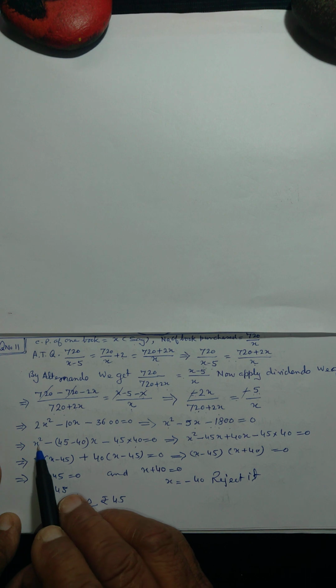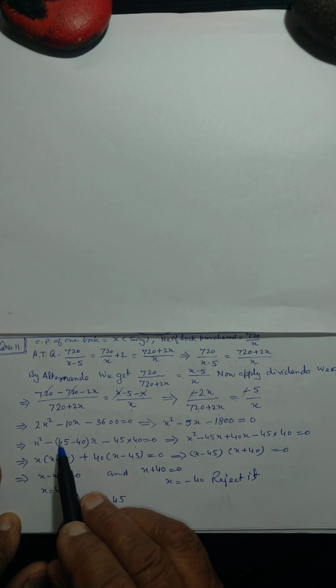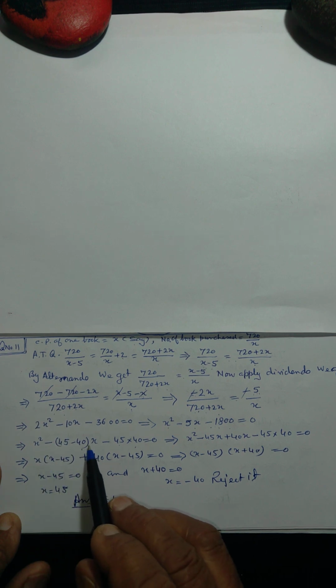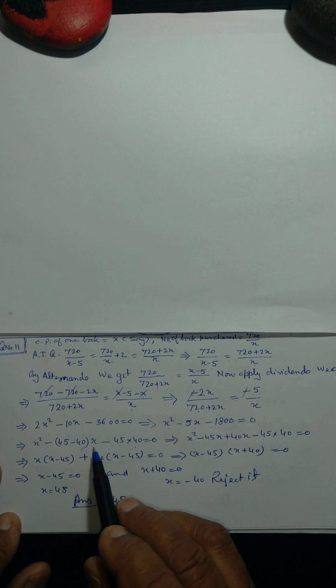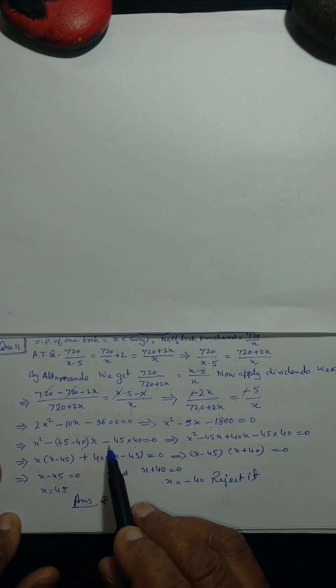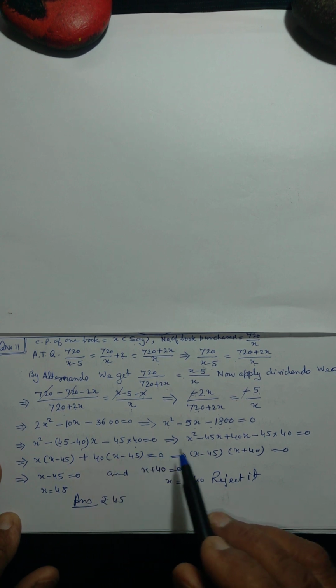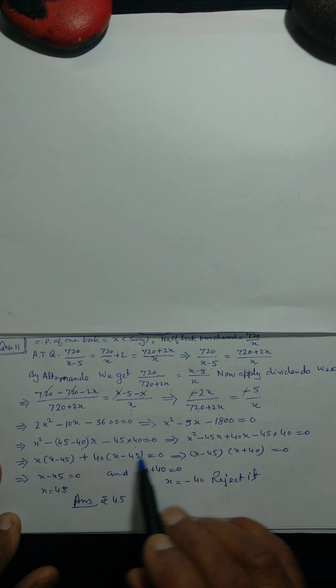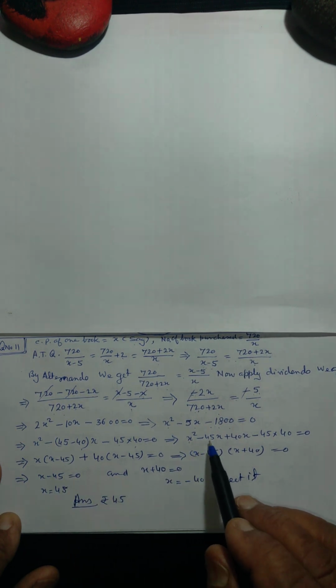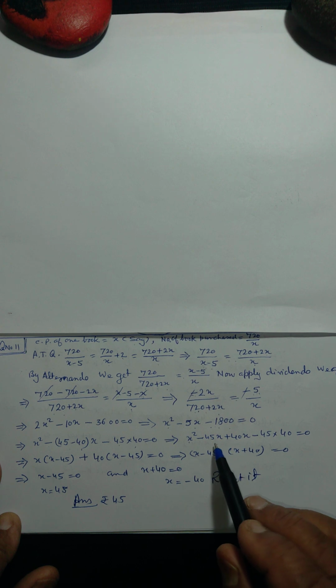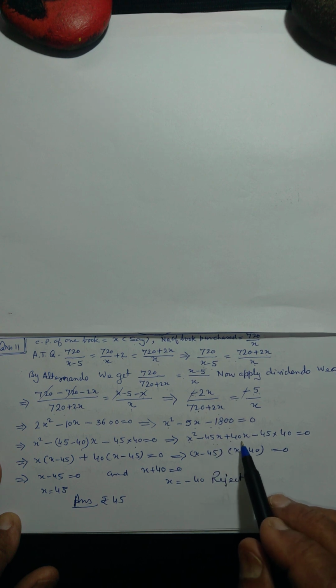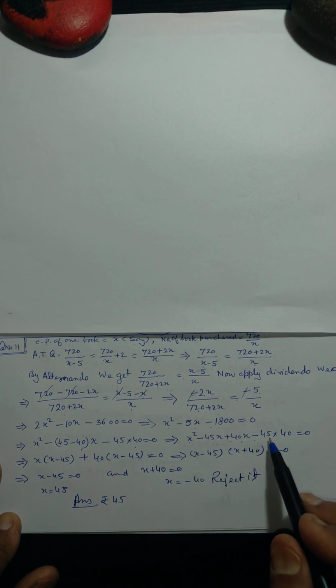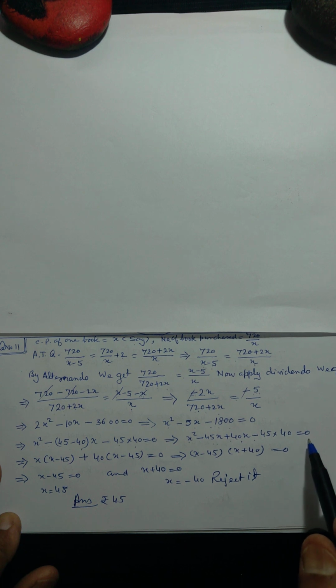So here x square minus 45 minus 40 bracket closed into x minus 45 into 40. And I have opened this bracket here, x square minus 45x plus 40x minus 45 into 40 equal to 0.